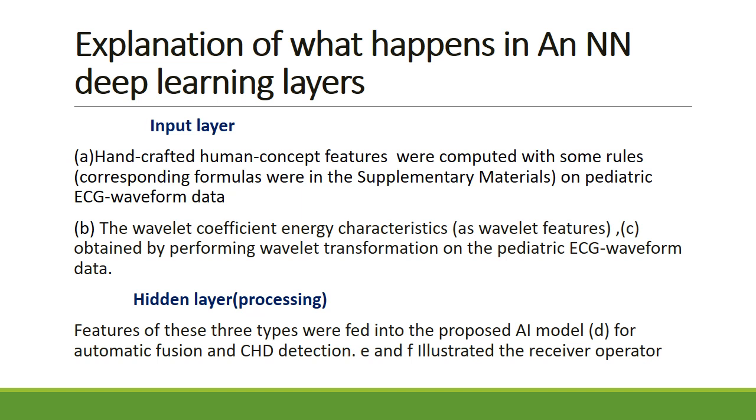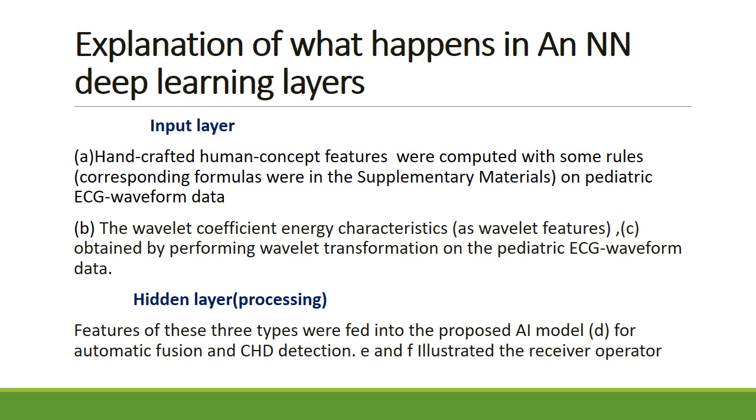So what happens actually in a neural network? Like I told you, we have three layers: the input, hidden, and the output layer. In the input layer, we have the human features, human concept features computed with some rules. Then again, they are converted into the wavelet coefficient energy characteristics, like we saw in the other picture.